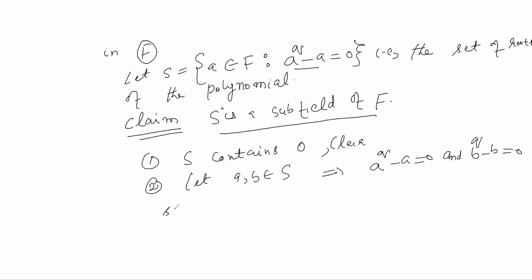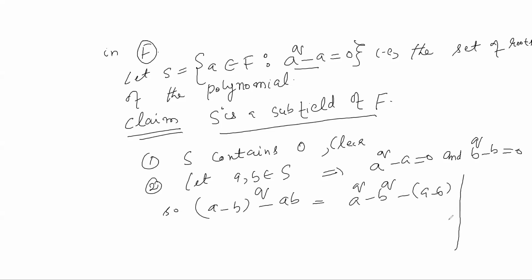If I take (a minus b) raised to power q minus (a minus b), it is nothing but a raised to power q minus b raised to power q minus (a minus b), because we have proven such a thing. We have proven that if the characteristic of F is p, then we apply the binomial theorem to get this result.